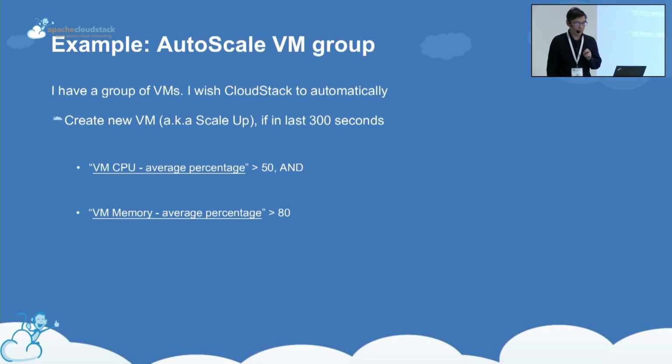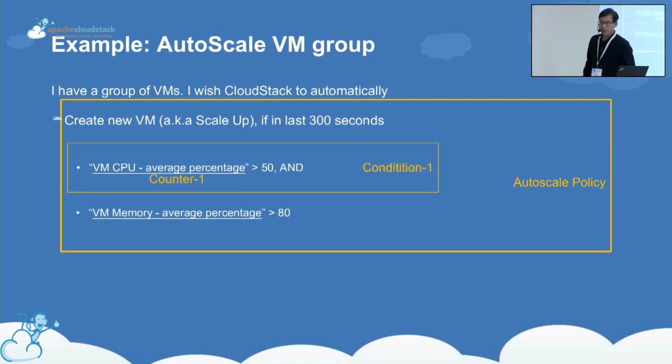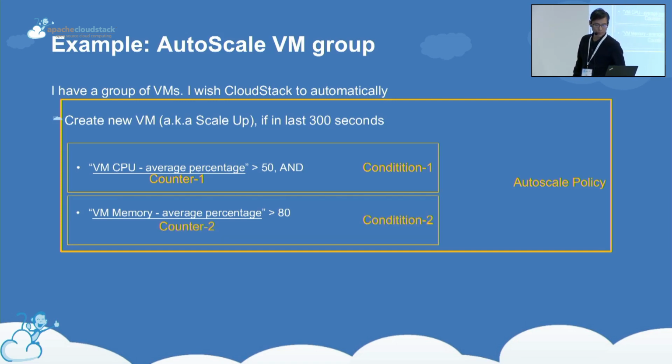And the second condition is the average memory usage is greater than 80%. So that is the autoscale policy, and it contains two conditions. The first condition has a counter with the average CPU, and the second condition has a counter for the average memory usage.